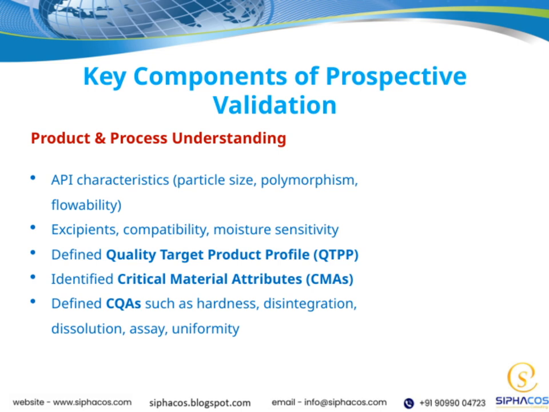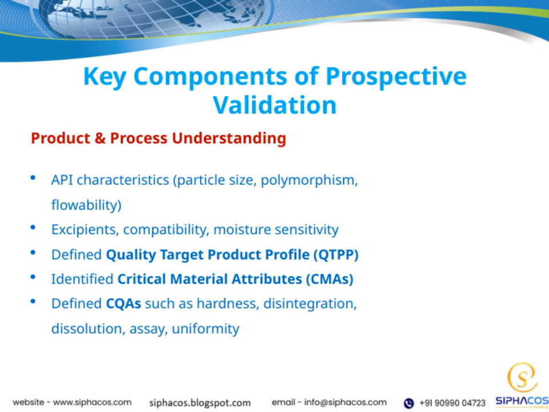Moving on, we define the Quality Target Product Profile, or QTPP. This is essentially our blueprint for what the final product should achieve: its safety, efficacy, and quality attributes. From there, we identify the Critical Material Attributes, or CMAs.